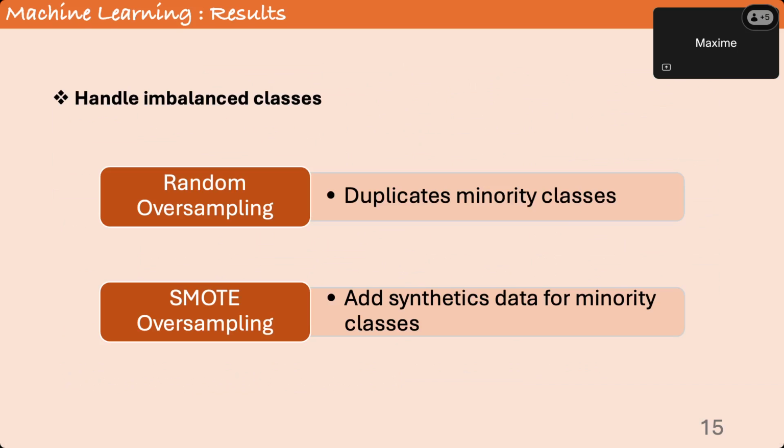To handle the imbalance in the data distribution, I decided to try two oversampling methods, random oversampling and SMOTE.